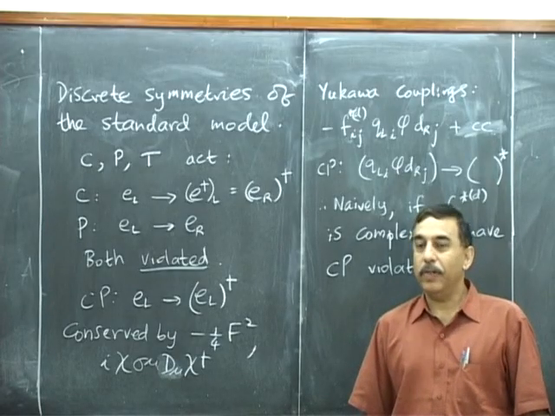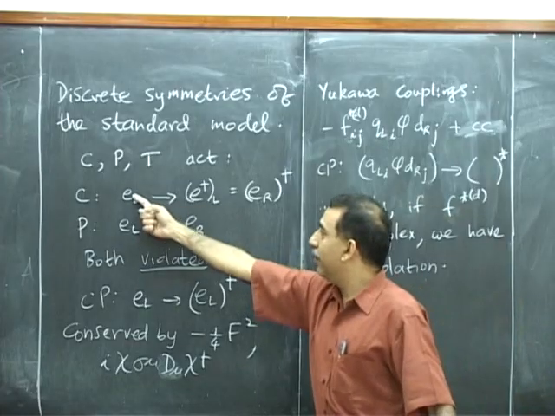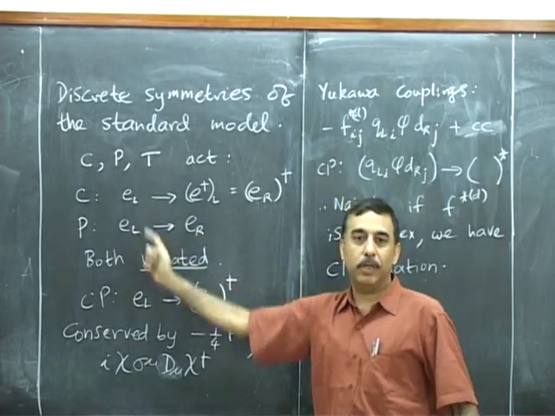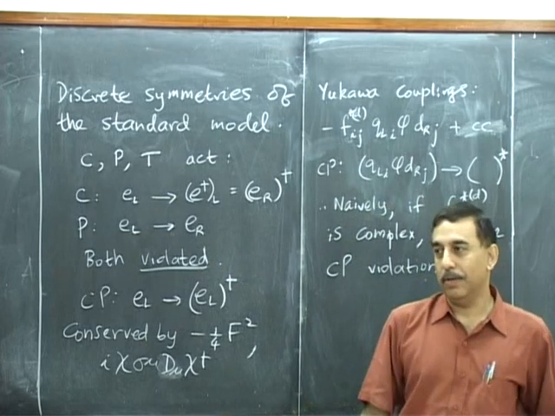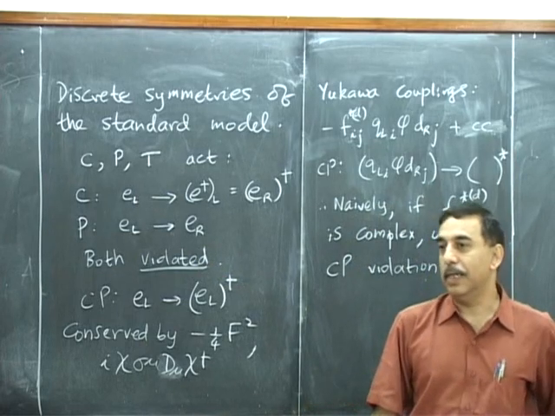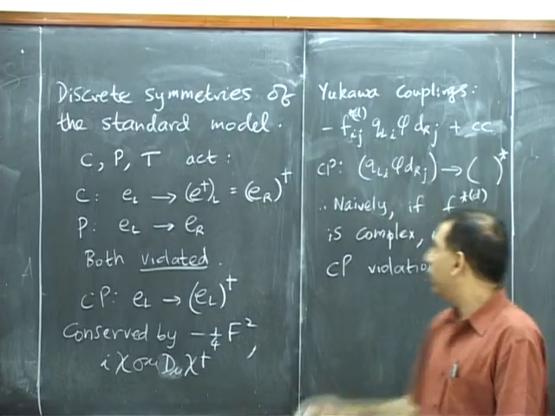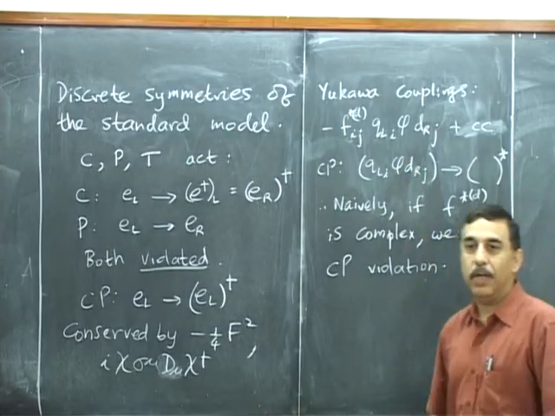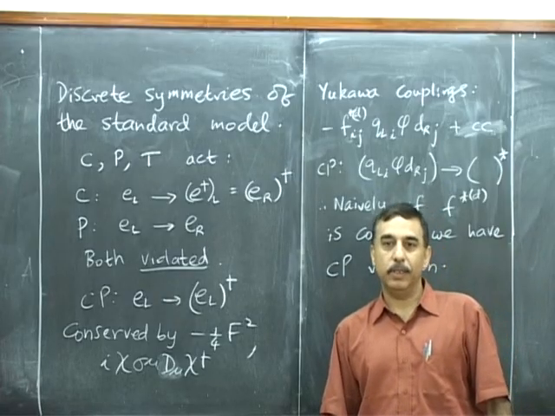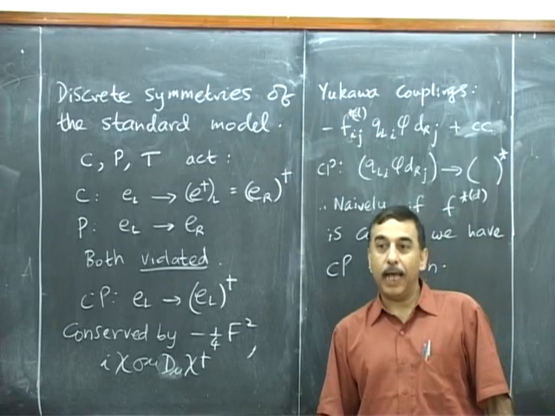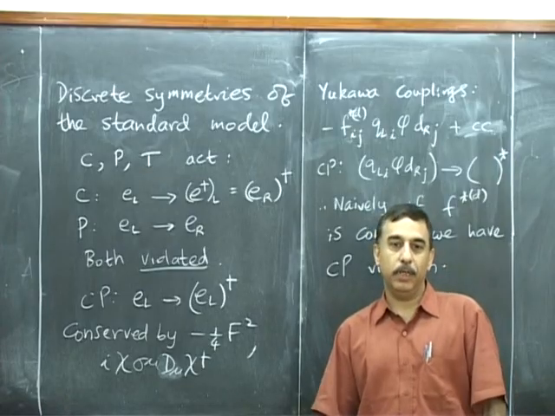Because the definition of C and P in a given basis is this, but if I make a unitary transformation on the fermions, then the definition of C and P will change. So the correct way to ask the question is, can I, by making suitable unitary transformations on the left and right fermions, make CP conserved? In that case, the physical theory will conserve CP.